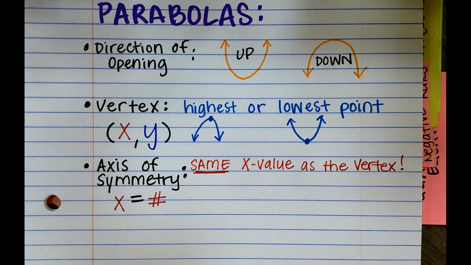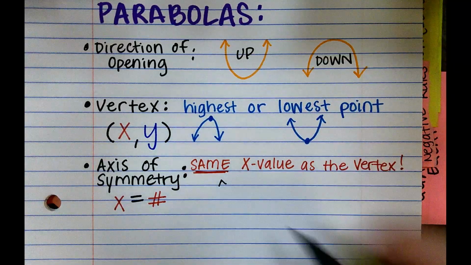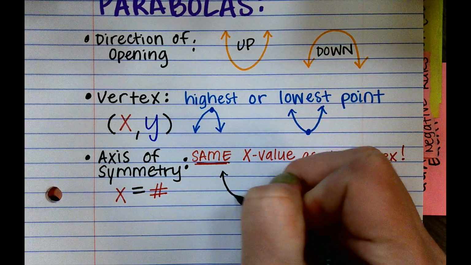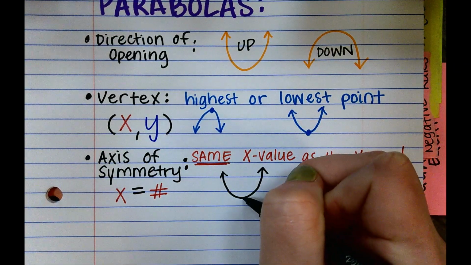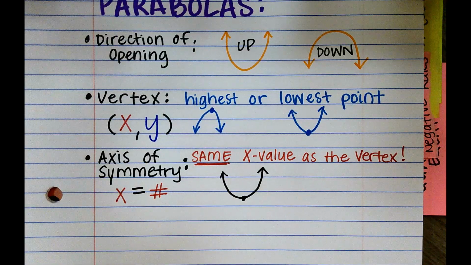The axis of symmetry is basically telling us where is the center of the graph, what is the line that goes up and down through the center. And to draw that, I'll draw another little smiley face kind of thing here. Put my vertex.